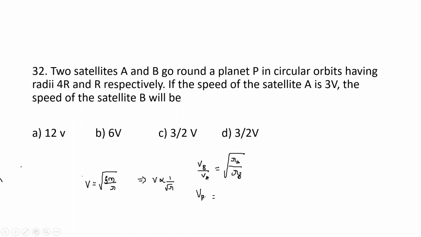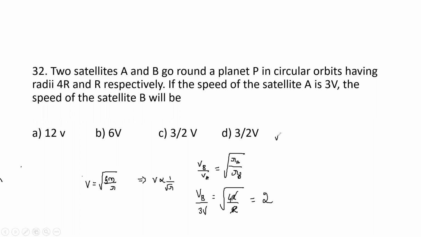For A the speed is 3V, and for B we need to calculate, under root of radii: for A it is 4R and for B it is R, so R gets cancelled. Root of 4 is 2.